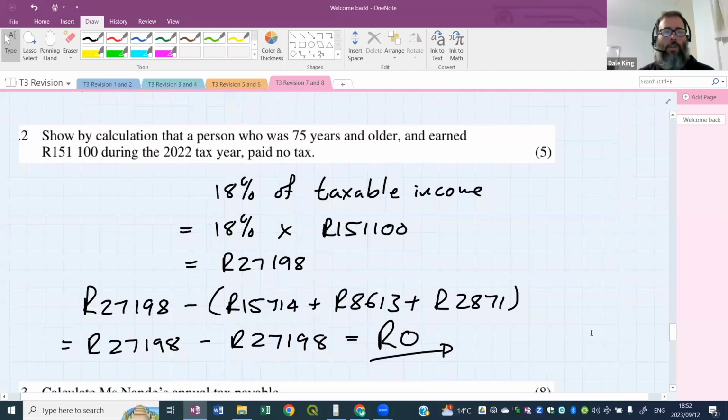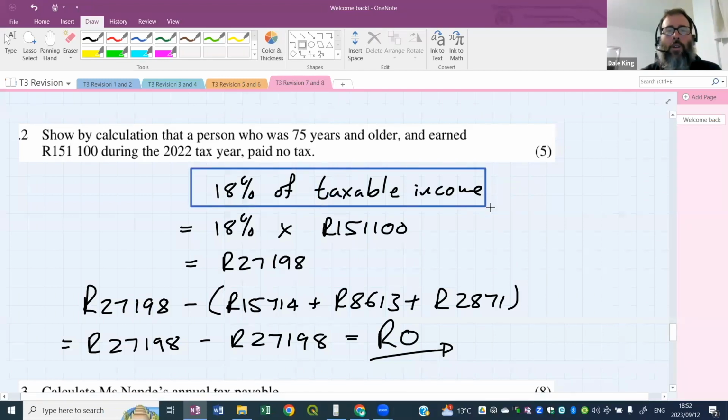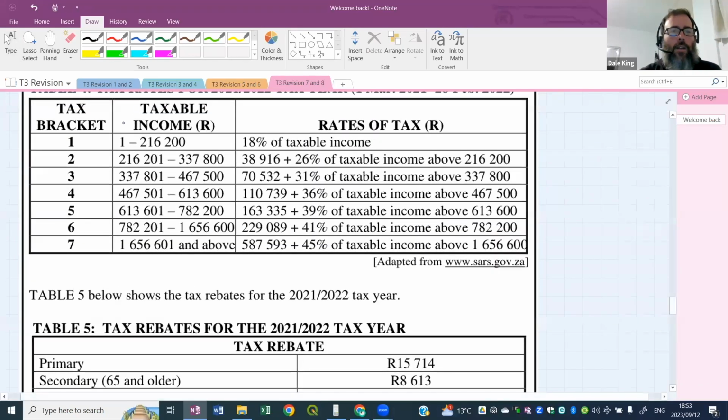All right. So the question says, show by calculation that a person aged 75 and older earning 151,100 does not pay tax. We took this from the tax bracket. If I go back up to the tax bracket, it says that anyone from 1 to 216,000 Rand only pays 18% of taxable income.